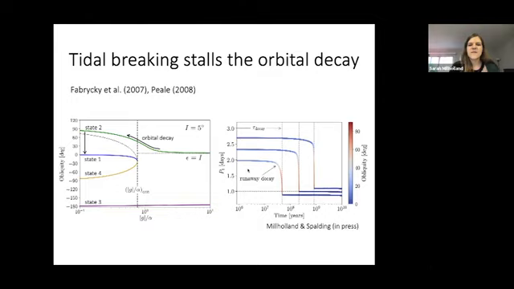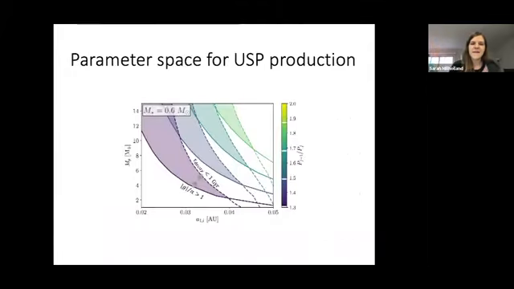Because this happens so fast, it's pretty unlikely to see this process in real time. But there is one example of a system that we think might be currently undergoing this runaway decay, which I could talk about later on if you're interested.